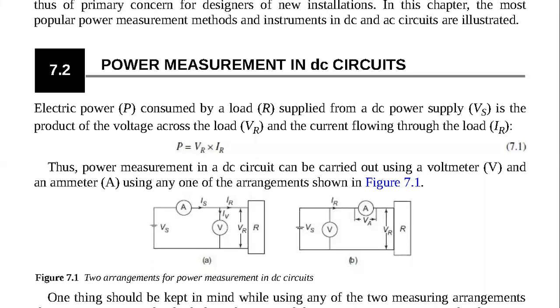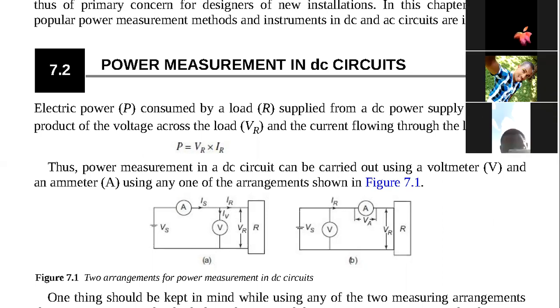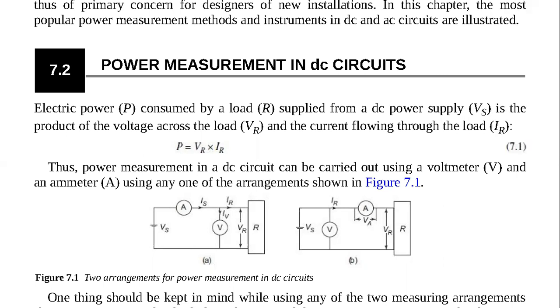And therefore, measurement in DC circuits can be carried out using a voltmeter and the ammeter. And we know last time I was trying to explain that when you're using an analog voltmeter, whatever you're trying to measure the voltage across, you arrange your voltmeter in such a way that it is in parallel with the load.